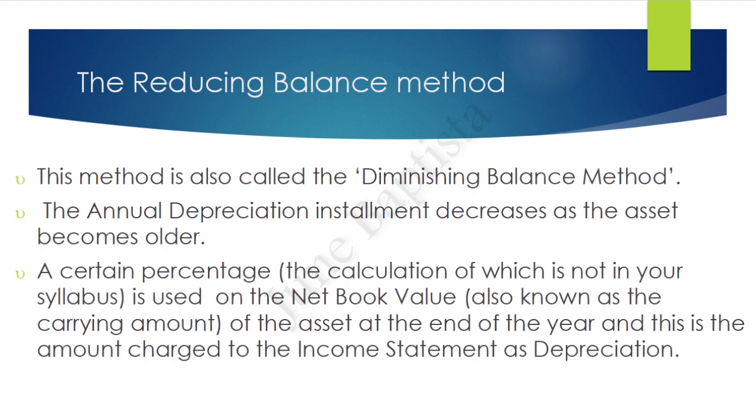A certain percentage, the calculation of which is not in your syllabus, is used on the net book value, also known as the carrying amount of the asset at the end of the year, and this is the amount charged to the income statement as provision for depreciation of that non-current asset.